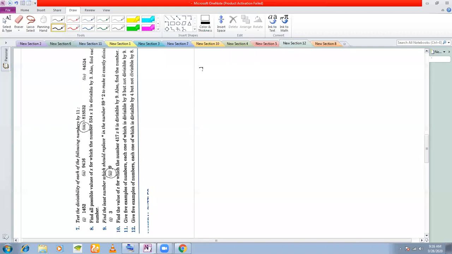Let us look at 7 first. Test the divisibility of each of the following numbers by 11. So I choose this number. The given number is 818532. Okay, you label the digits in serial order starting from the right hand side.